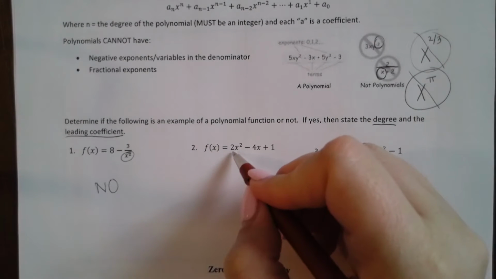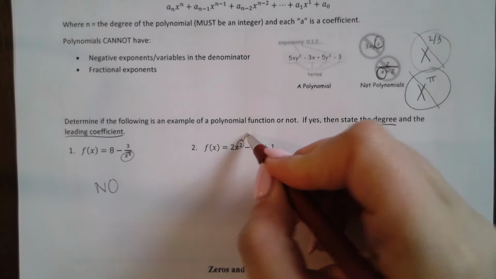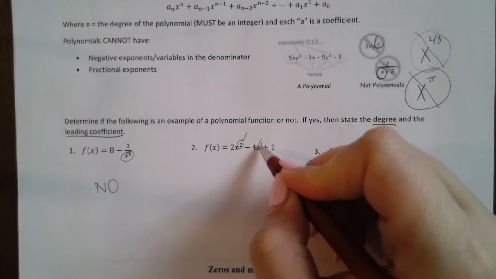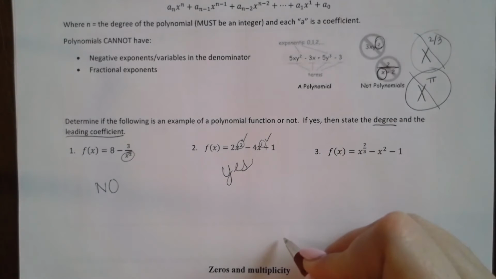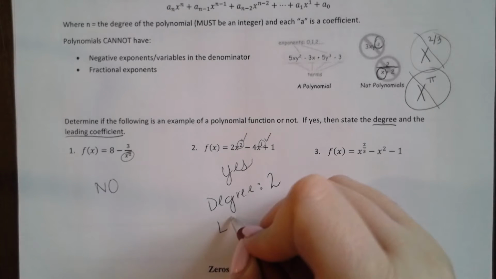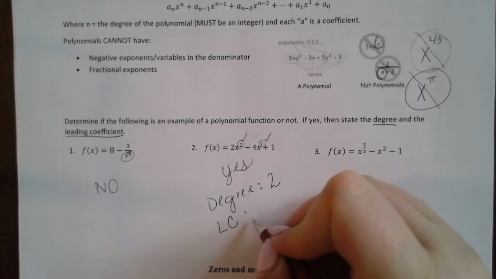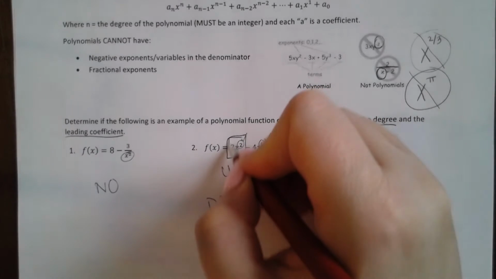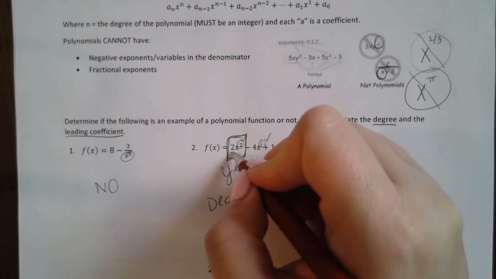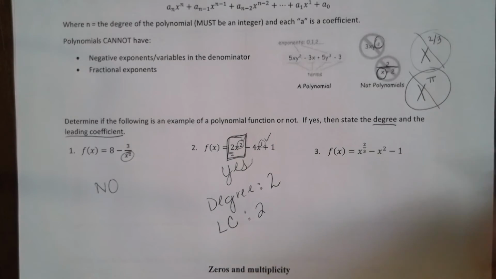In this problem, we have 2x to the second, that's okay. 4x to the 1, that's okay. So yes, this is a polynomial. Now the degree of the function is always the highest exponent, so our highest exponent is 2. The leading coefficient is the number that's with that highest exponent, which in this case would also be 2.